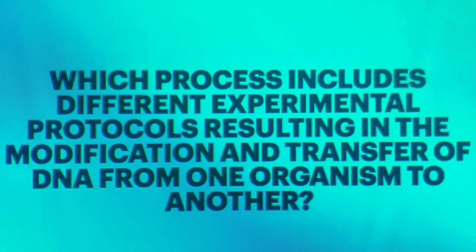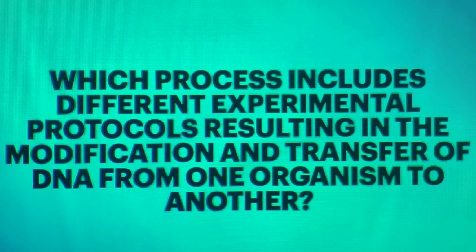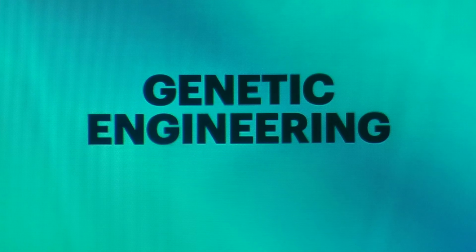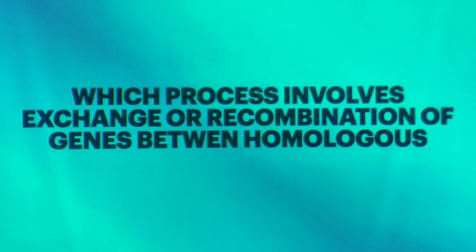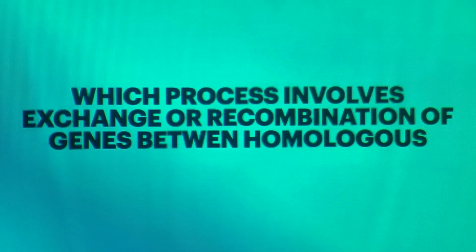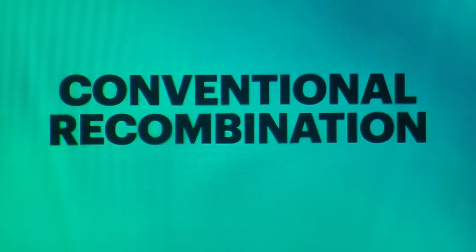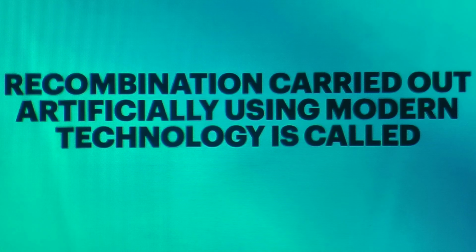Which process includes different experimental protocols resulting in the modification and transfer of DNA from one organism to another? Genetic engineering. Which process involves exchange of recombination of genes between homologous chromosomes? Conventional recombination.